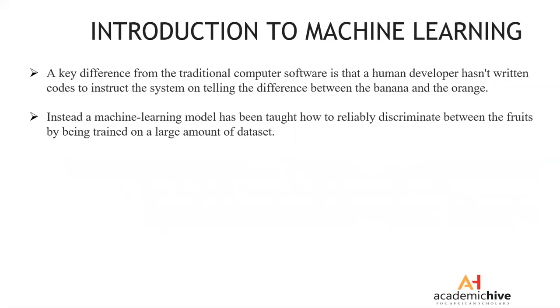And what we mean here is, in machine learning models, you can easily build your model to infinitely continue to identify objects, to be able to give distinctions between two objects without having to write a code and say, okay, this code identifies this, then you write code to identify that. This machine learning model makes it seamlessly easy for us to toy with. So instead, a machine learning model has been taught how to reliably discriminate between the fruits by being trained on a large amount of data set.